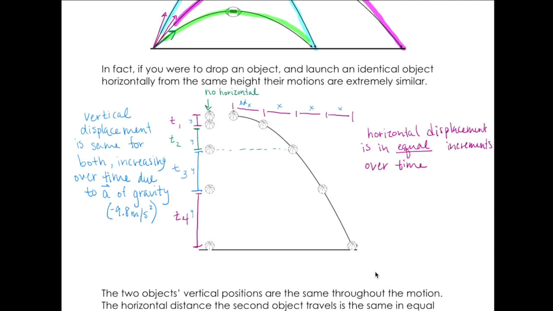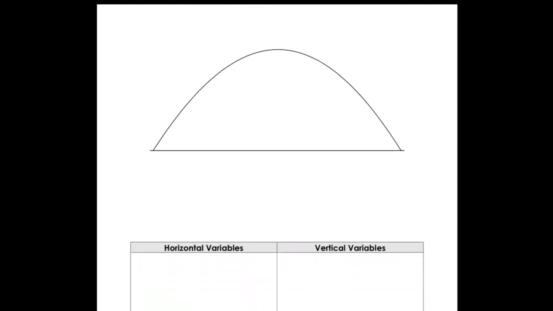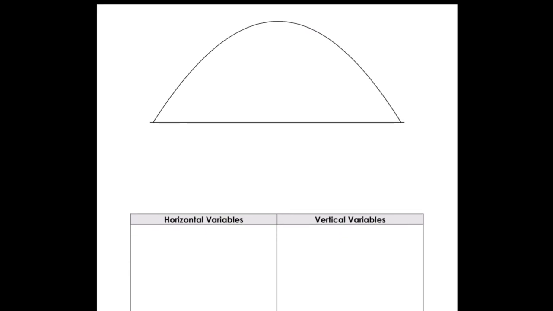We're talking in a closed system, so we do know that in real life we would have things like wind resistance that could affect the horizontal velocity of an object. So we're going to go over the shape of the parabola and talk about the different variables that you'll need in order to solve the different problems that you'll have.